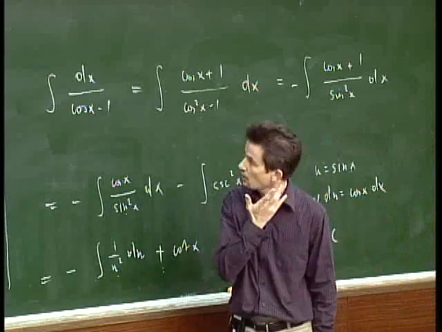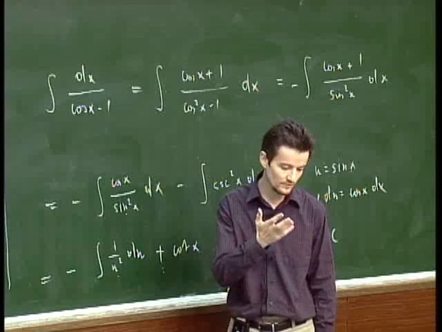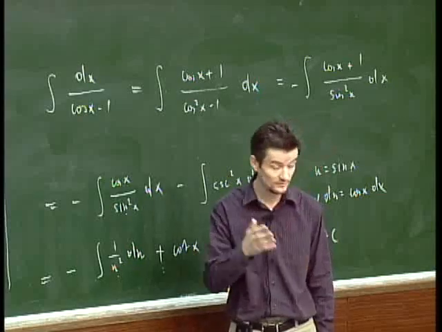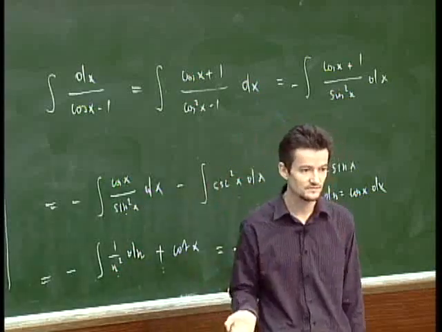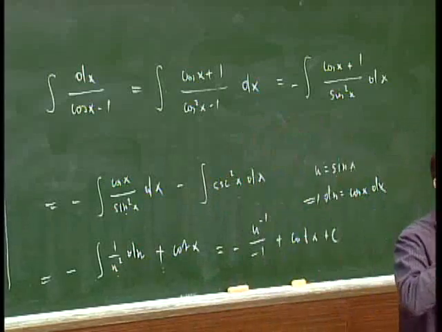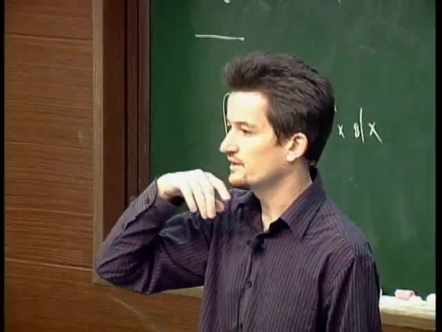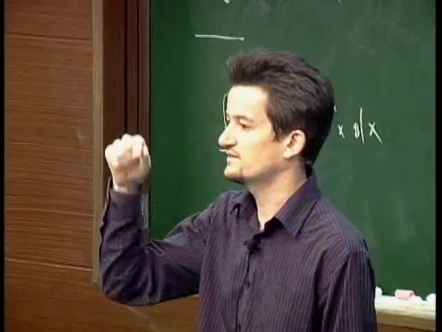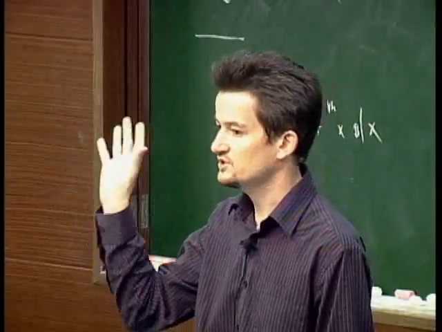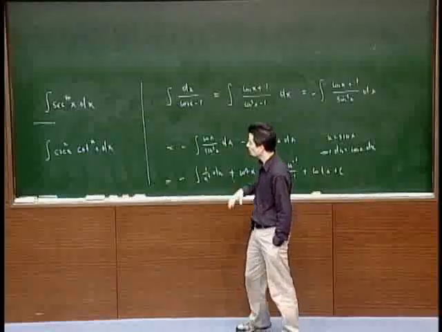Essentially, all integrals where you have a rational function in terms of sine of x and cosine of x, so some polynomial divided by another one, and both polynomials are in terms of sine of x and cosine of x, such functions can all be handled.